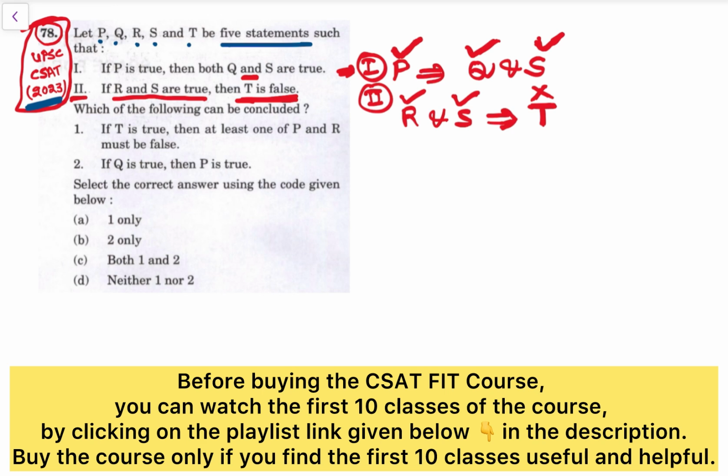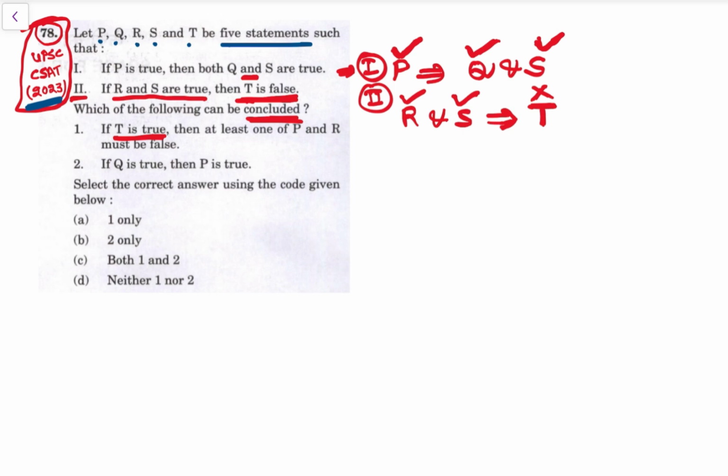So now the false part has come. Now which of the following can be concluded? T is false only when R and S are true. So if T is true, 3 cases are possible. T can be true only when R and S both are false.